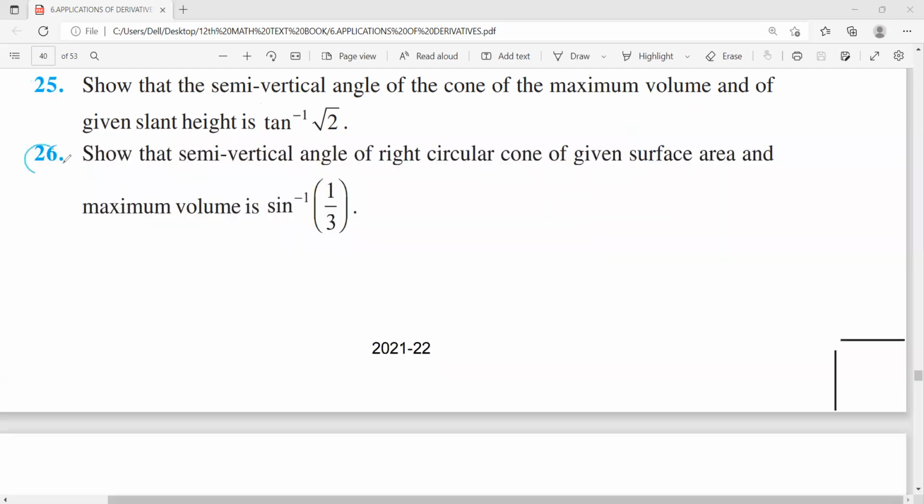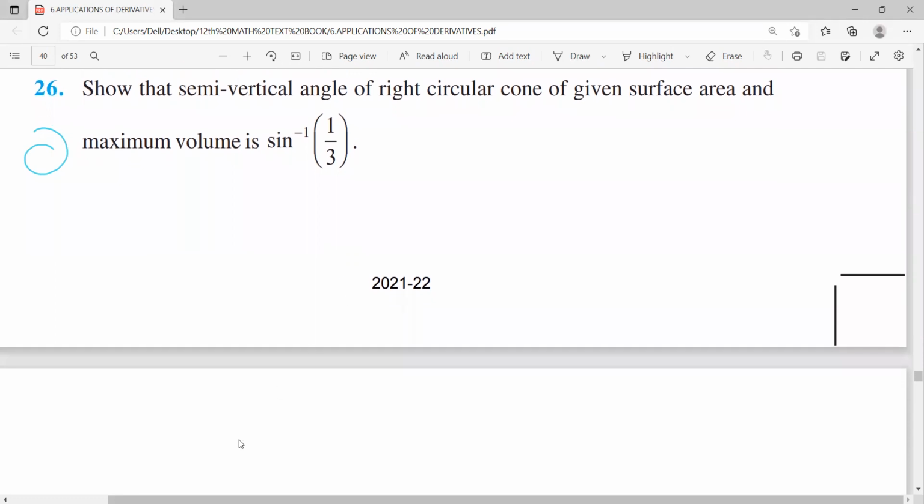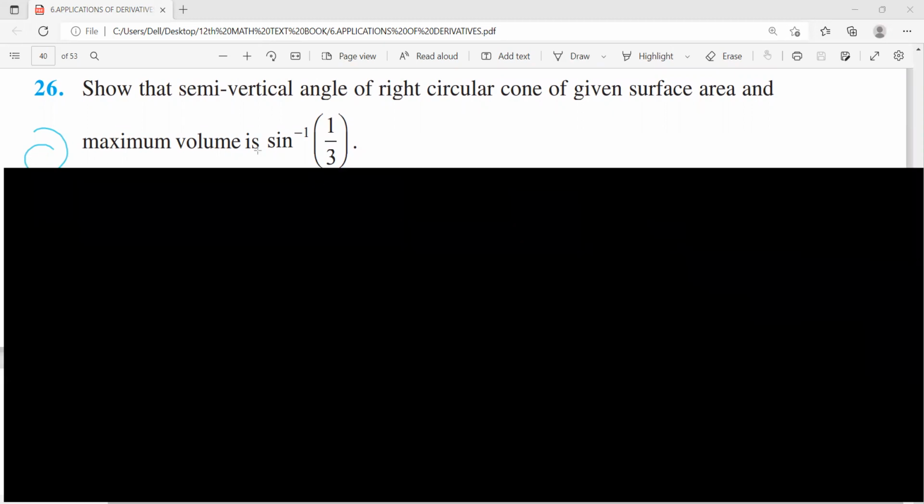So let's go for 26. Would you like to finish it or shall we do it together? Meryl, what shall we do?